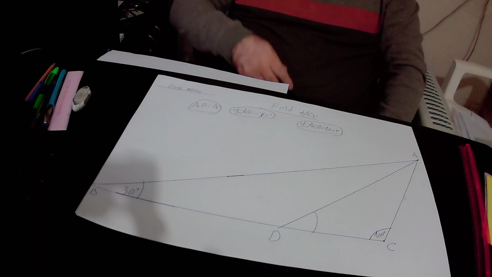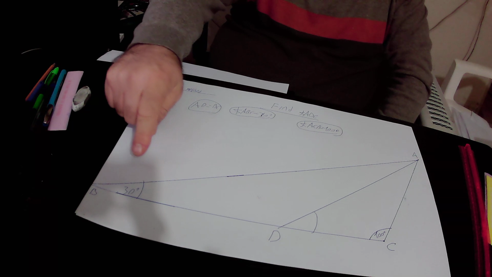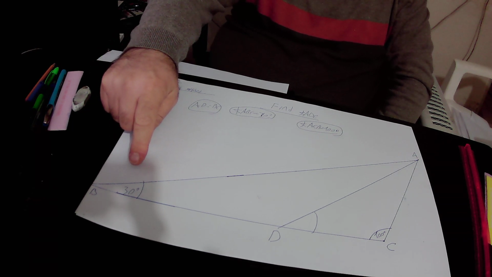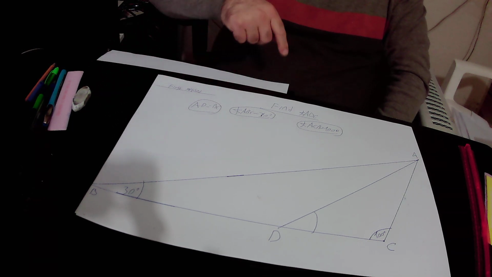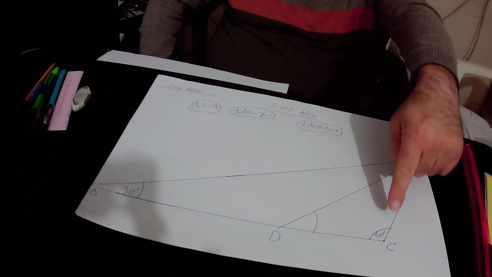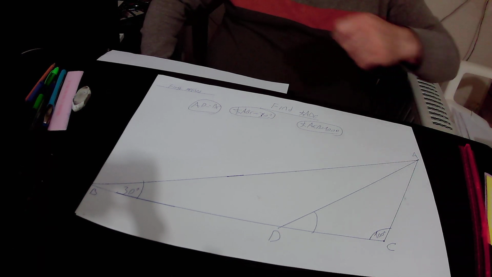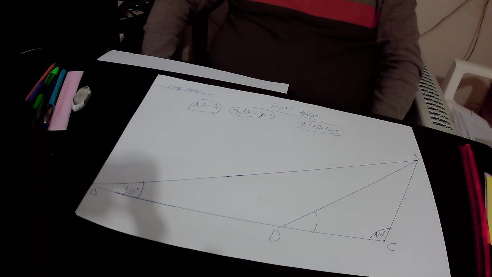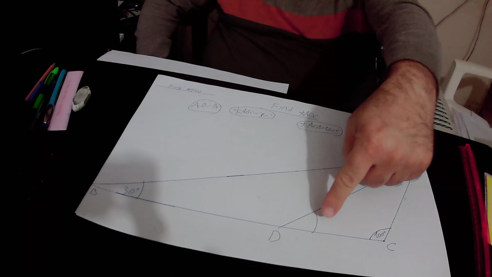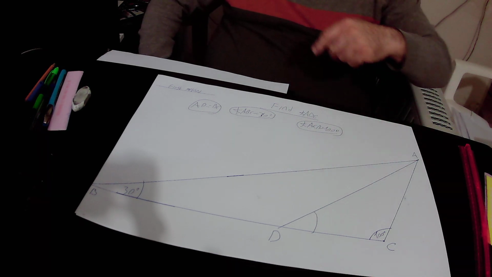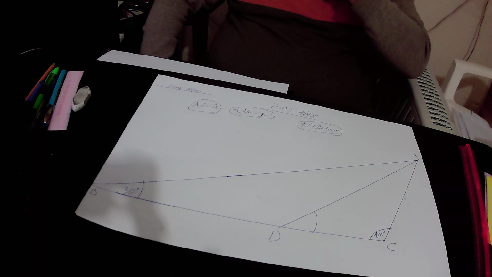We also know that this angle ABC equals 30 degrees. This angle ACB equals 90 degrees. And we want to find out the value of this angle ADC. So we will start with the first method.